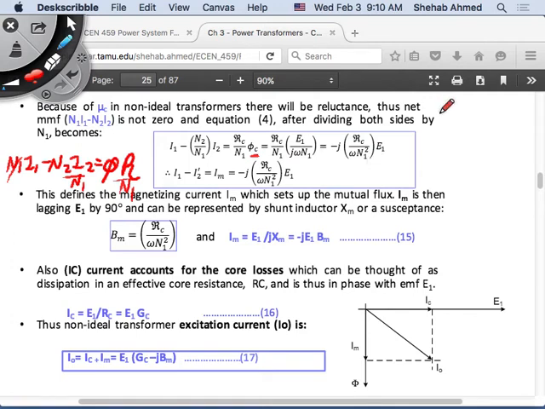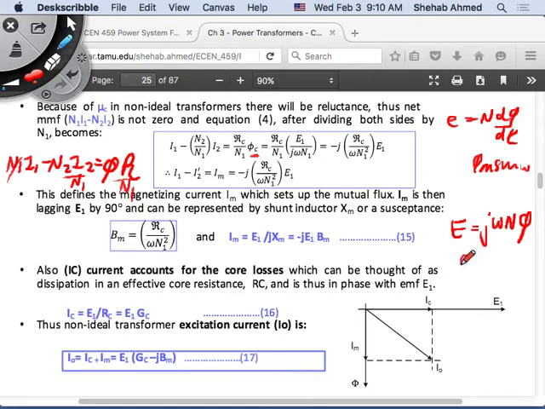Remember our E equals N d phi by dt? And then we said that phi is phi max sine omega t, and then we differentiated to find the voltage E, and E was equal to j omega N times phi, right?